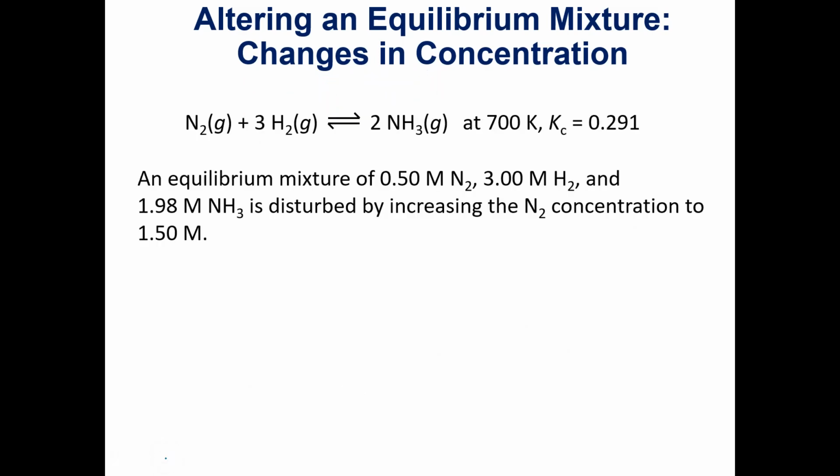Let's take a look at an example where we apply Qc and Kc and determine whether we're at equilibrium. The question asks us, an equilibrium mixture of 0.50 molar N2, 3 molar H2, and 1.98 molar ammonia is disturbed by increasing the N2 concentration to 1.5 molar.